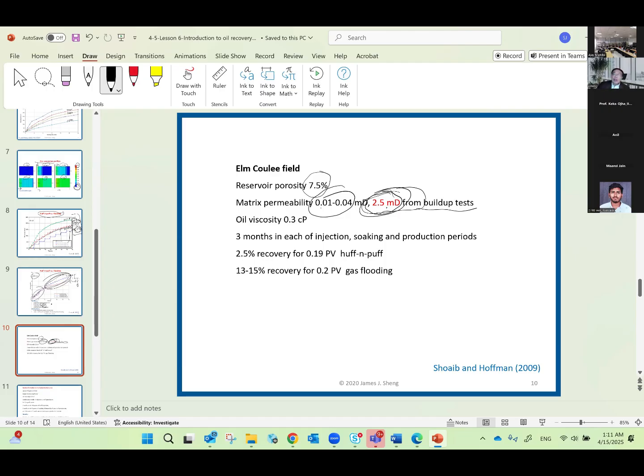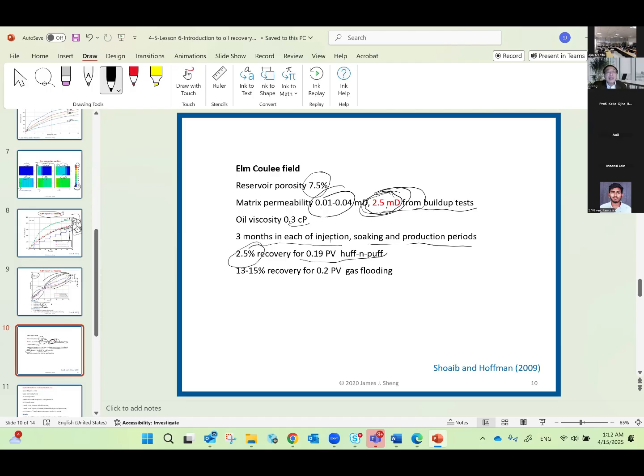Okay, then oil viscosity 0.3, with 3 months injection, soaking time, and production time. So it's all 3 months. 3 months injection, 3 months soaking, 3 months production. And with Huff-n-Puff, you get a 2.5%.